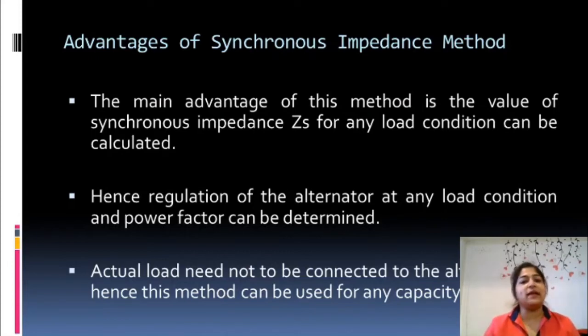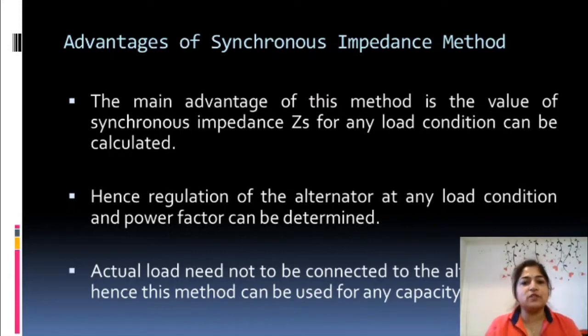Now, the main advantage of the synchronous impedance method is that you can calculate voltage regulation for any load condition if you know the synchronous impedance. Also, you can find out voltage regulation at any load at any power factor.